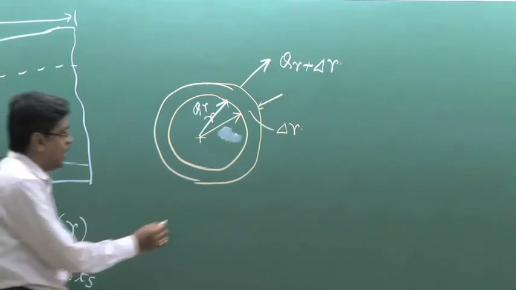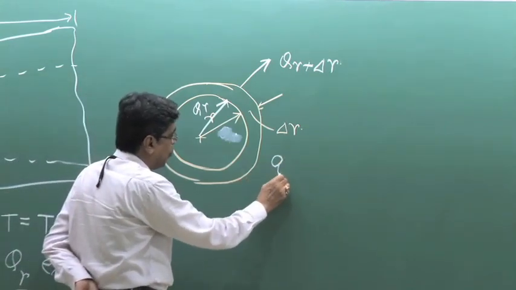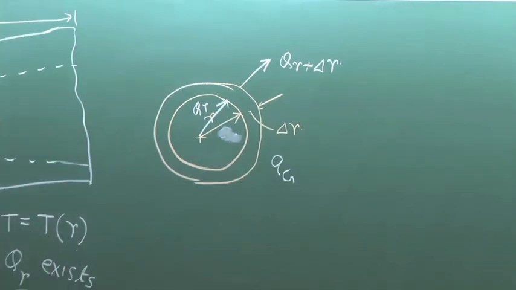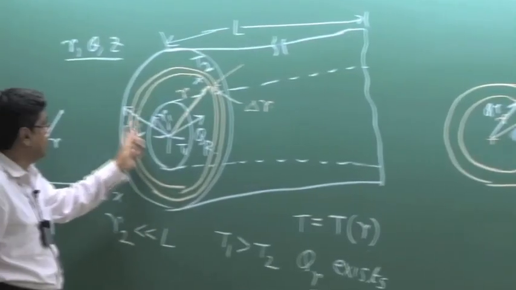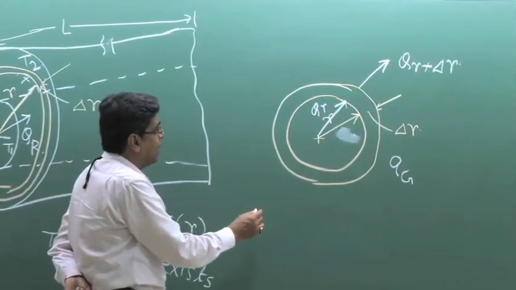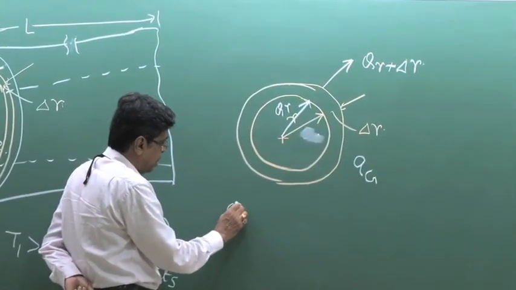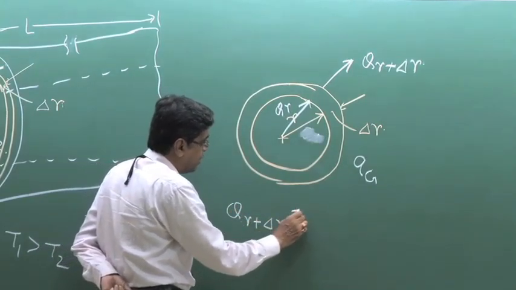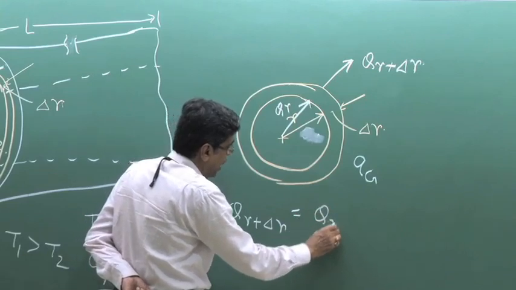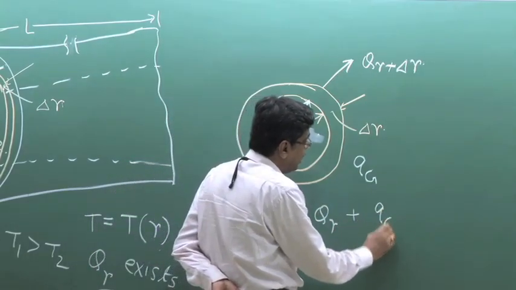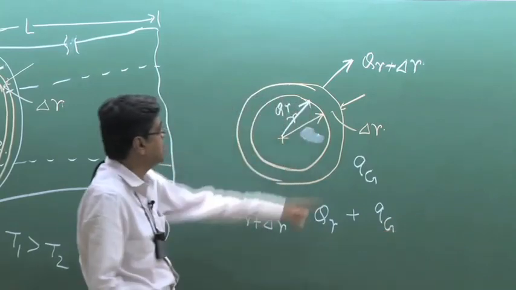If we consider a heat generation per unit volume QG within this cylindrical wall, which extends from R1 to R2, then for this elemental ring at steady state, QR plus delta R is QR plus QG times the volume of this element.